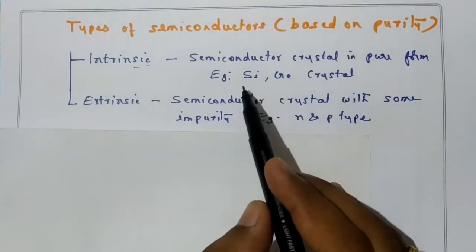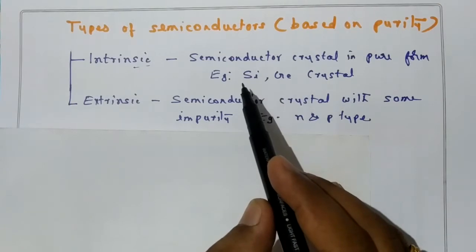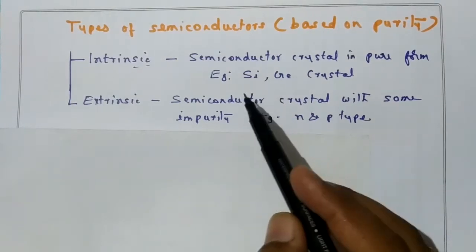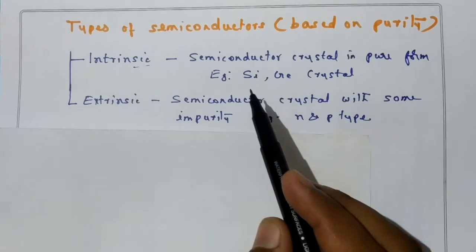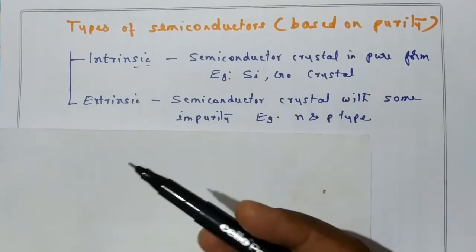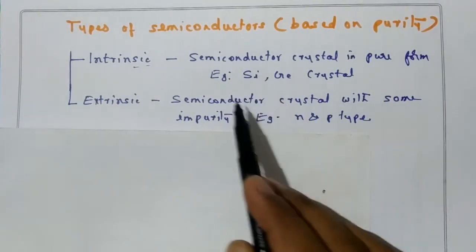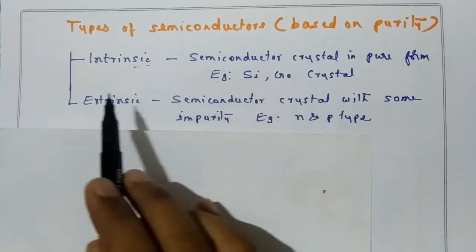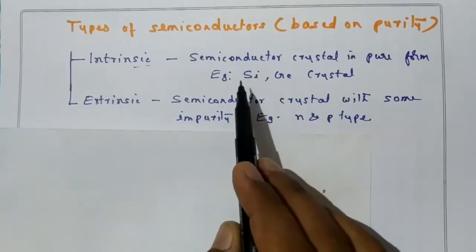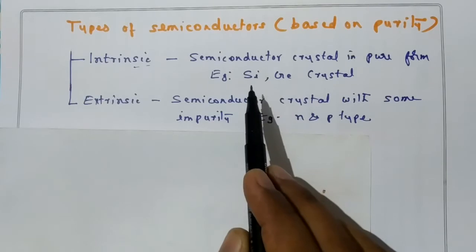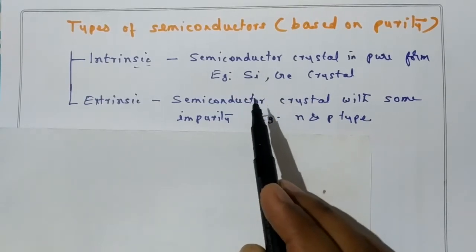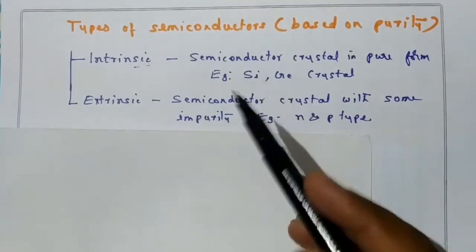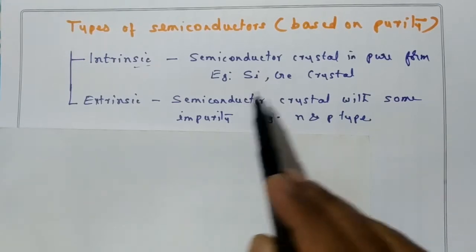See, you take silicon, and silicon is available in the form of ore in nature. You take the ore and it will not be in purified form, so a silicon crystal or ore will consist of many other atoms also. So you purify it, and it is actually not an easy task.